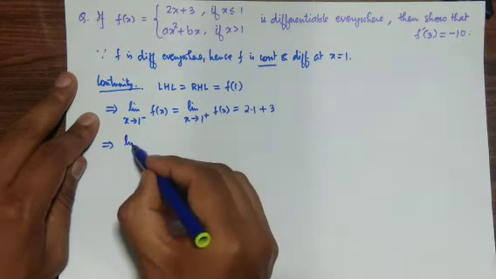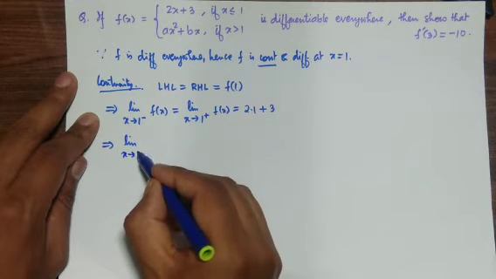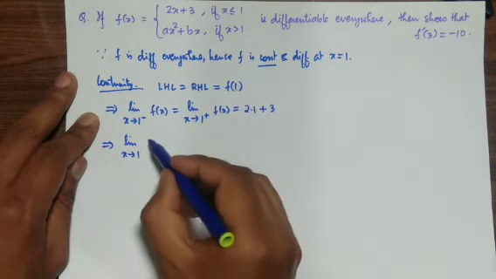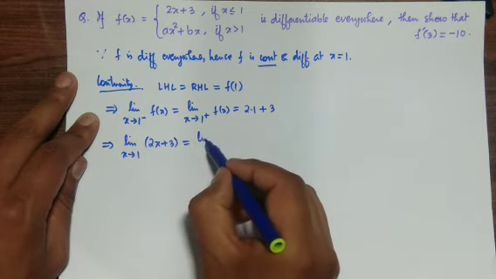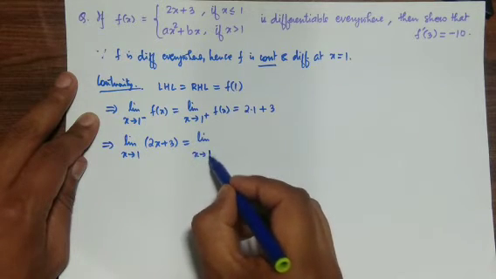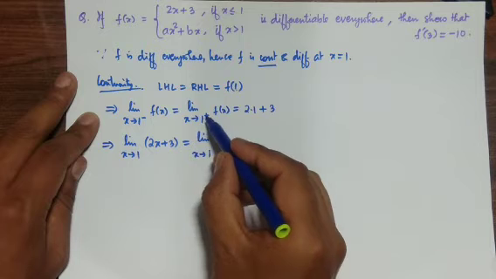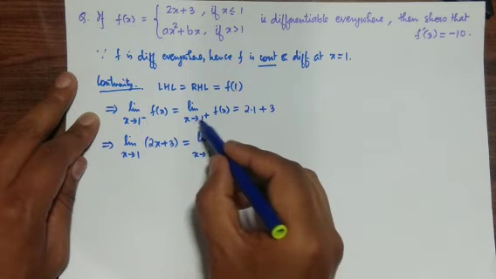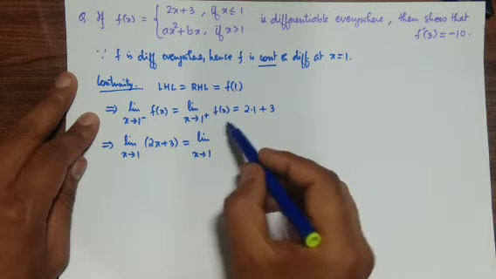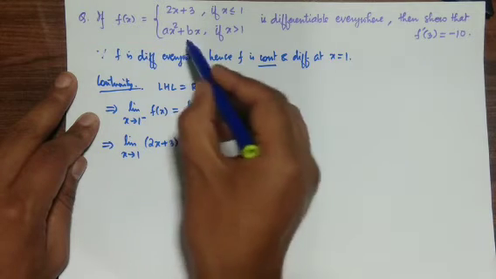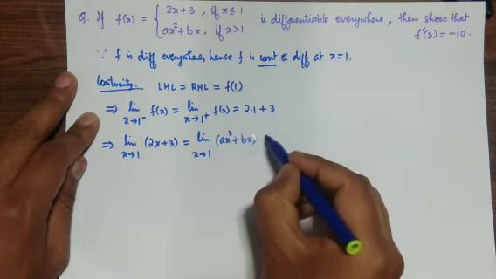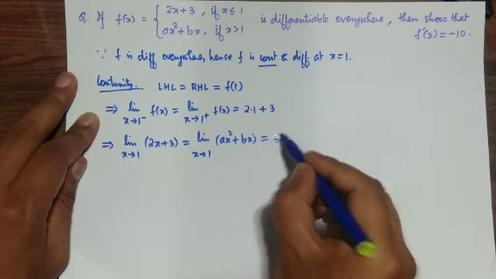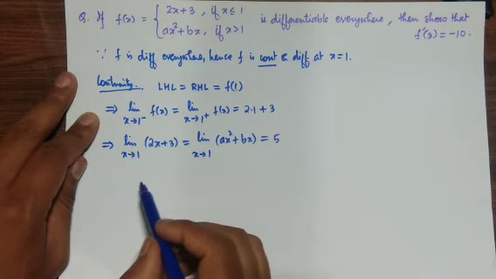So this can be written as limit x tends to 1, and f(x) becomes 2x plus 3. And this is equal to limit x tends to 1, and since x is greater than 1, my function value will become ax square plus bx out here, and if you simplify this you'll get 5.